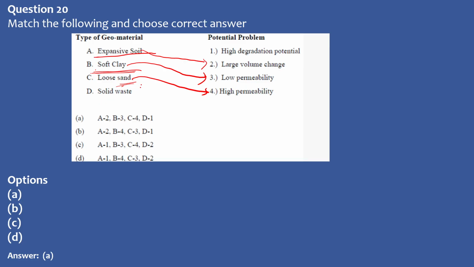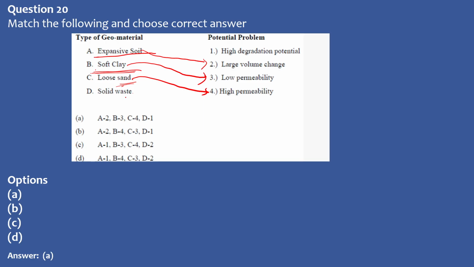Then you have the solid waste. Though it has been used as a type of geomaterial, it doesn't offer very enhanced strength, so solid waste is linked with higher degradation potential.